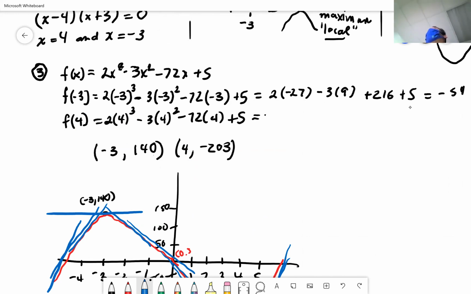It's her rules. So if I write here 2x raised to the third power minus 3x raised to the second power minus 72x plus 5.